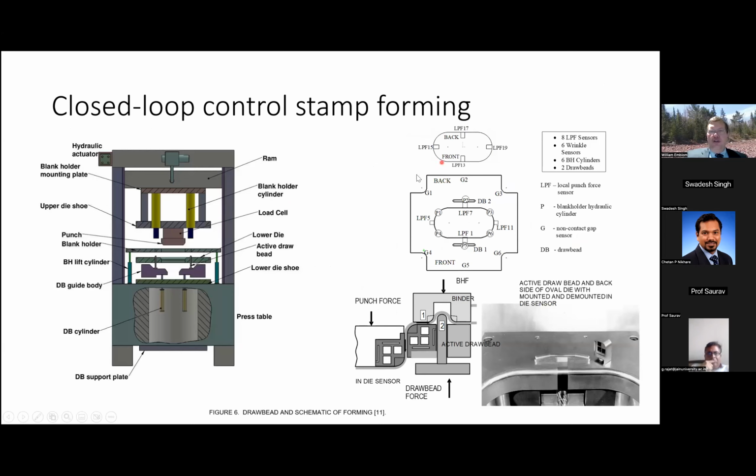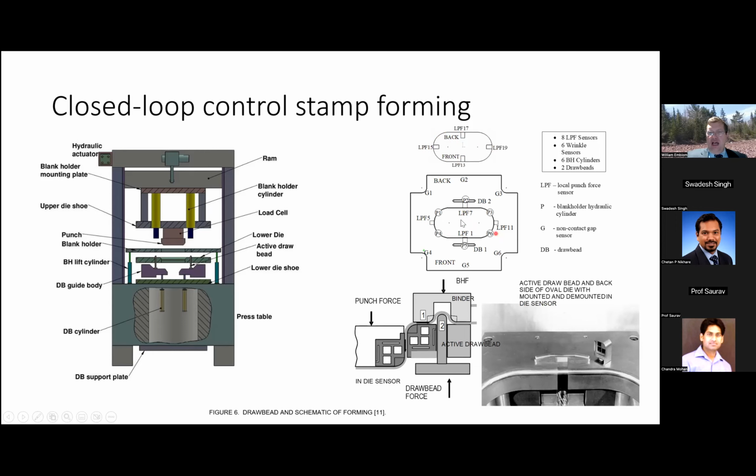So the tooling had quite a bit of instrumentation embedded into it, besides the total punch force that we could measure at this load cell. We had local punch force sensors that were located on either end of the die, and along the straight regions in front and back for the punch. And we had corresponding local punch force sensors in the die shoulder as well.